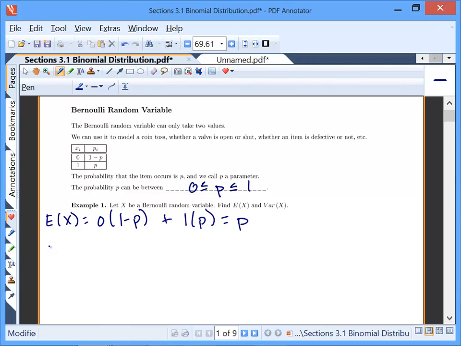Now if I want to find the variance, let's find the expected value of x squared. I take each x value squared and times by the probability. So 0 squared times 1 minus p plus 1 squared times p. So this just gives me p.